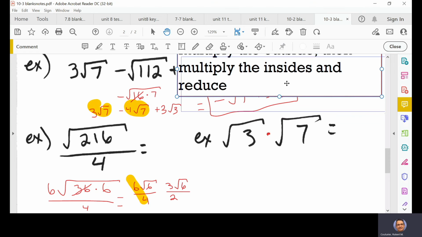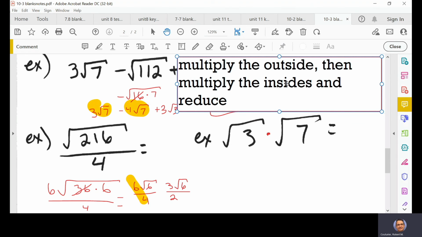Here we go. Right like that. Multiply the outside, then multiply the inside, and reduce.